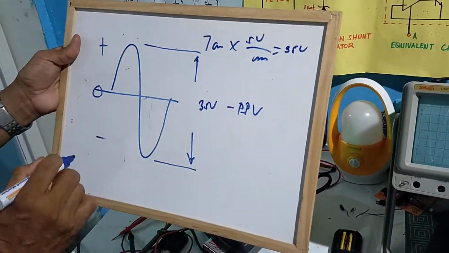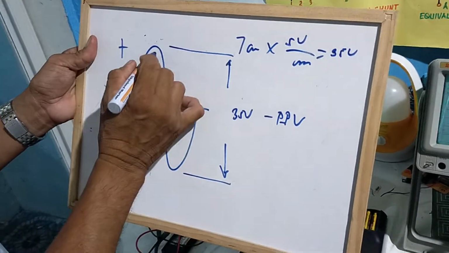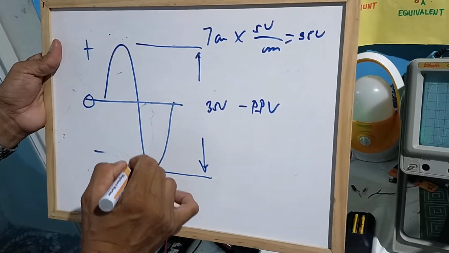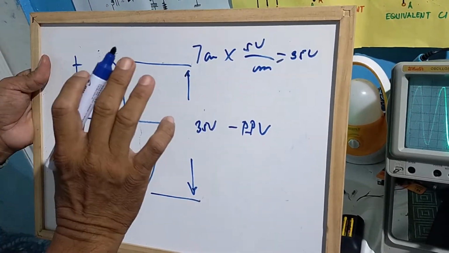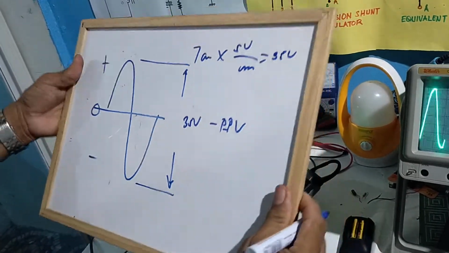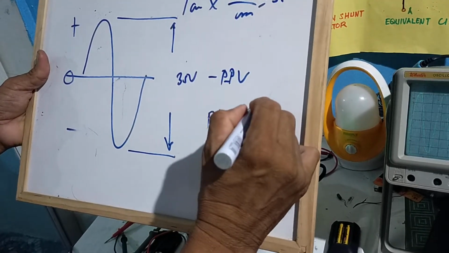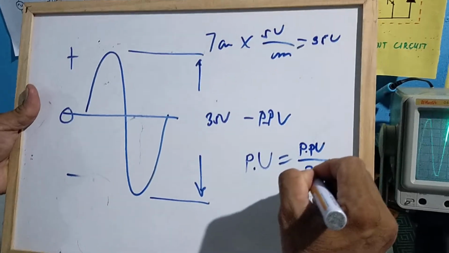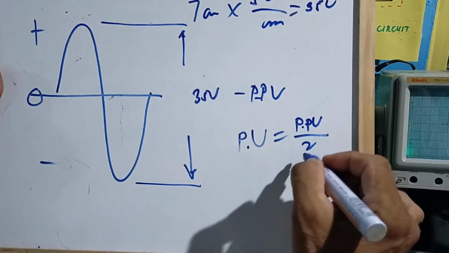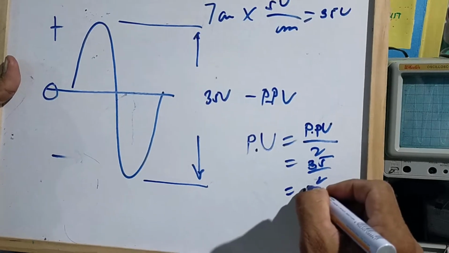Then remember that the transformer output will operate only half of the cycle. That is the positive alternation and the negative alternation. Only one alternation will conduct at a time. Okay? So, peak value is equal to peak-to-peak value over 2. The peak to peak now is 35 volts. Over 2 is 17.5.